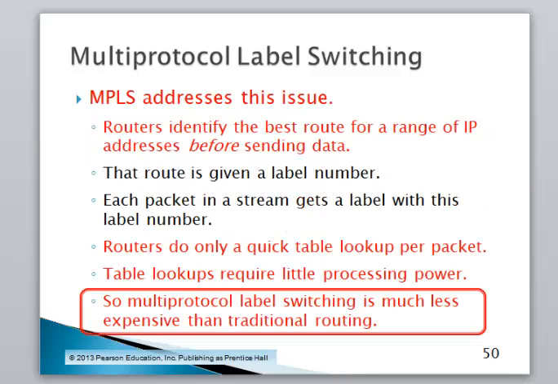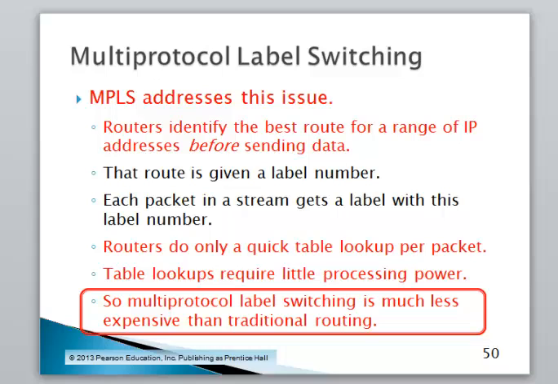Well, MPLS solves that issue by identifying the best route beforehand based on a range of IP addresses that you define as the network administrator. So it only does a quick table lookup of those pre-identified routes, which is a lot faster than the traditional form of routing that we've been talking about.